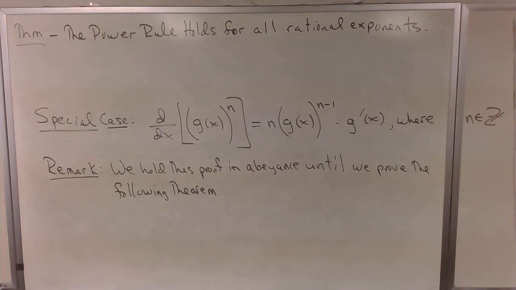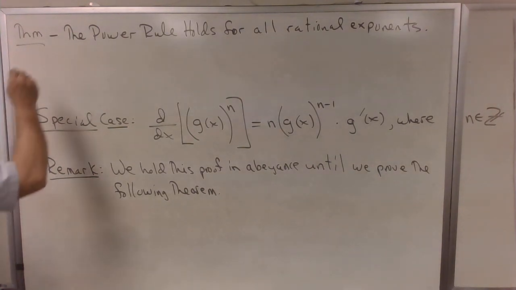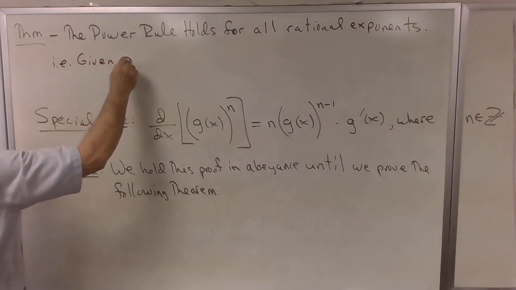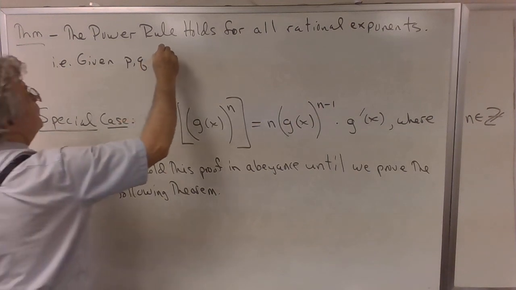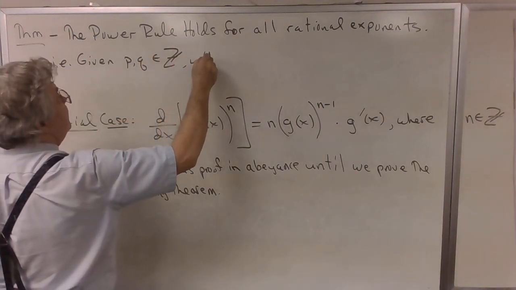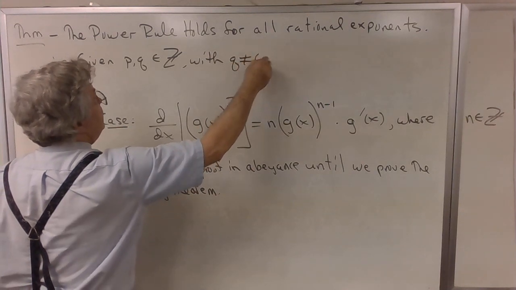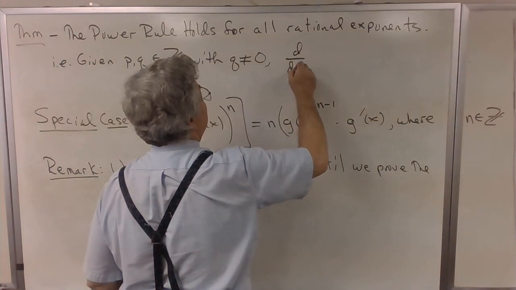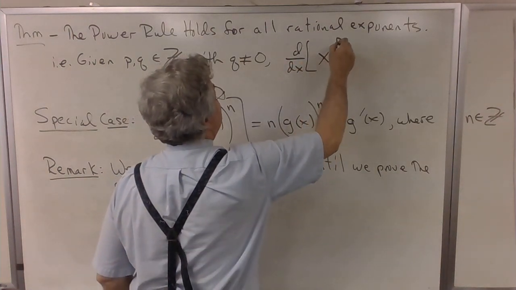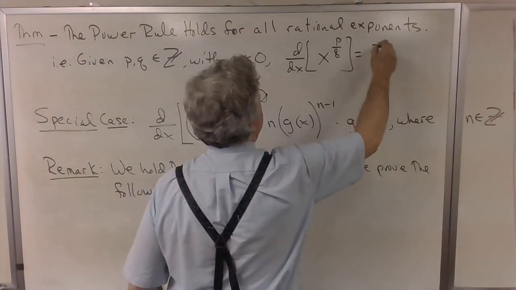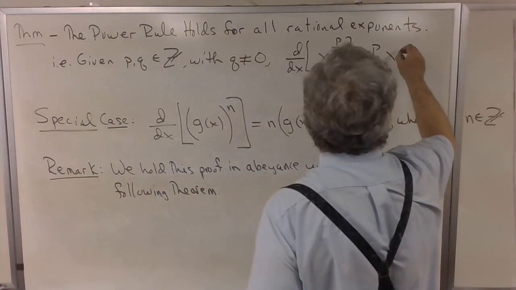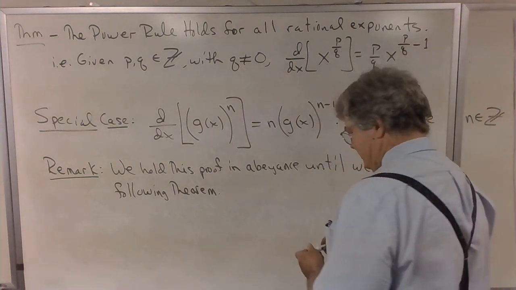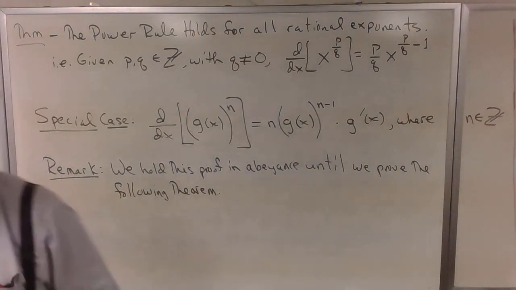So the power rule holds for all rational exponents. That's what we're about to prove.